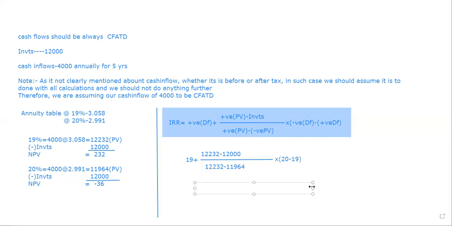Therefore, IRR is equal to, again we'll be using our calculator. So IRR is equal to 19, again plus. Now how much is it going to be? 12,232 minus 12,000 is equal to 232, and divided by, I need to use my calculator again.